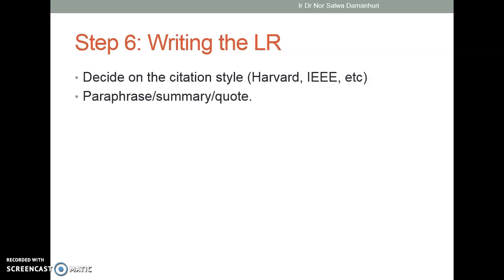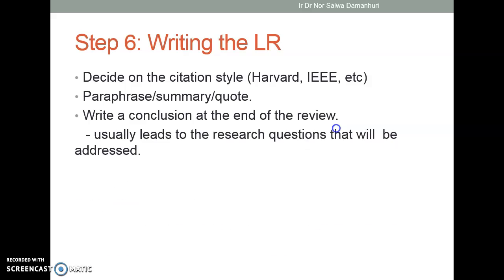Next, paraphrase or rephrase. Paraphrase, summarize or quote the literature that you have read, and then write a conclusion at the end of the review. Usually, the conclusion leads to the research question that will be addressed.